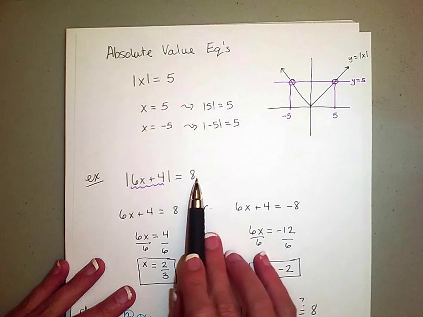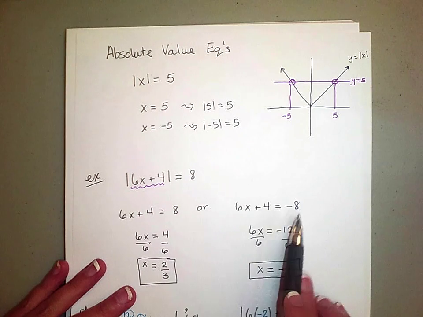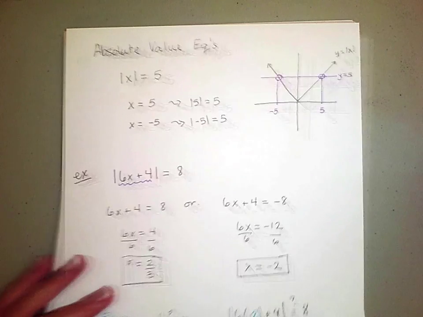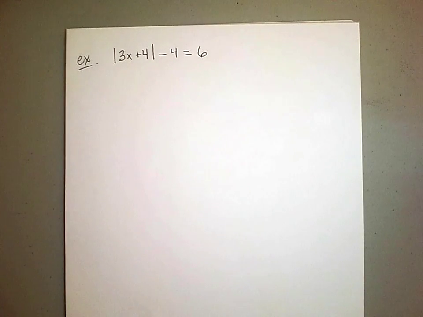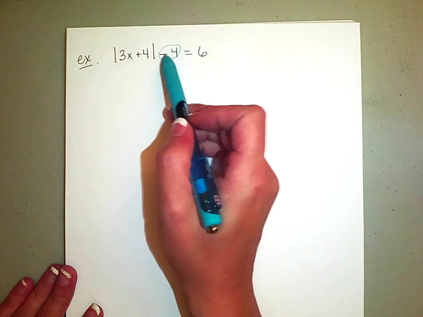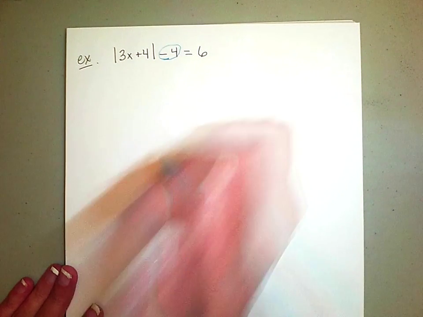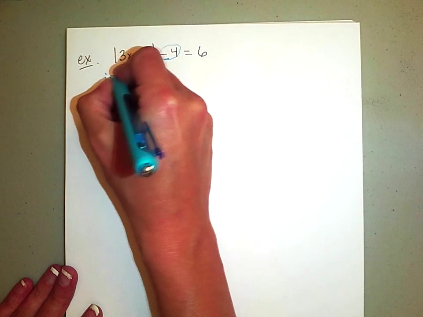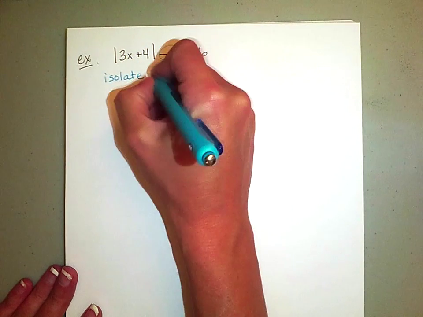And so that allowed me to use this reasoning for distance to split it up. Here we have a problem though, because this minus 4 is attached to the absolute value. So I need to isolate the absolute value.